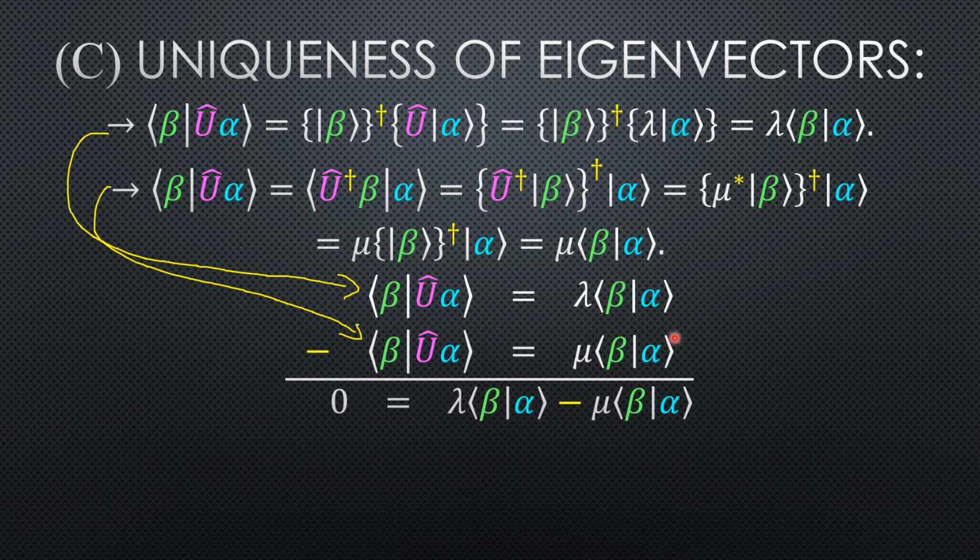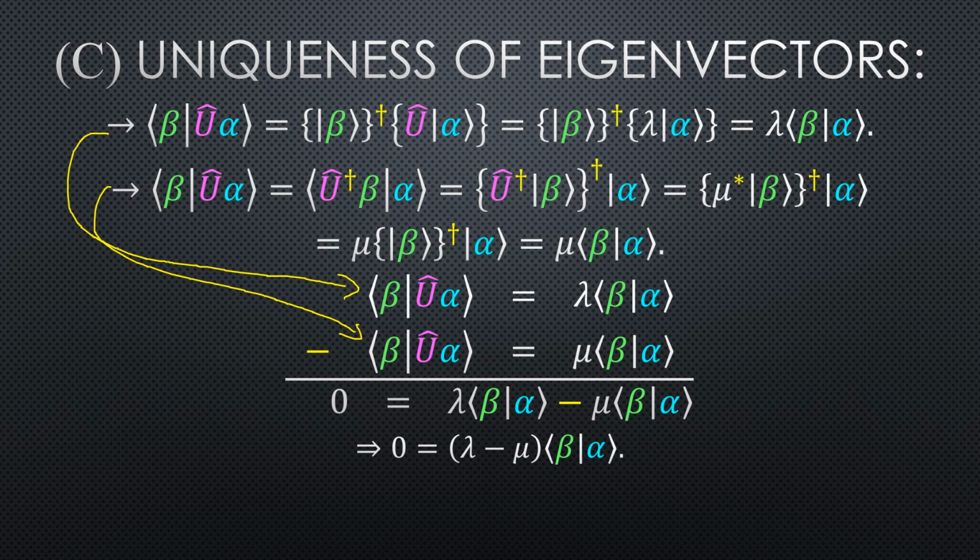All the work we did in the first part of this section of C was to be able to put this mu as a non-conjugate term out front. So a bunch of algebraic manipulation, but it comes out very nice now because we have lambda inner product minus mu inner product, and they're the same inner product, so we could factor them out.